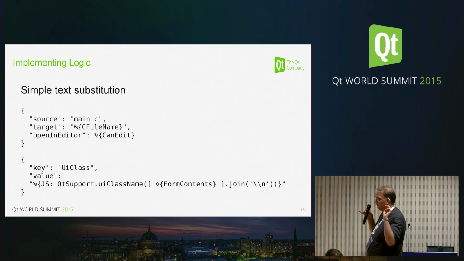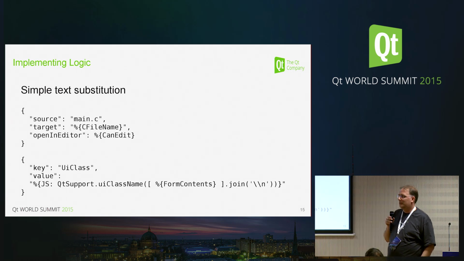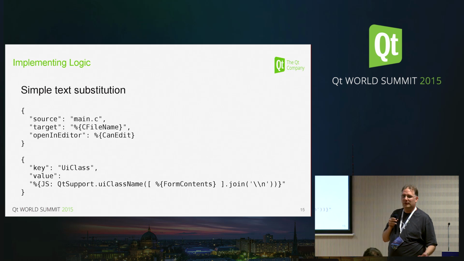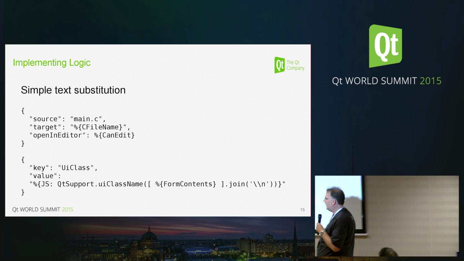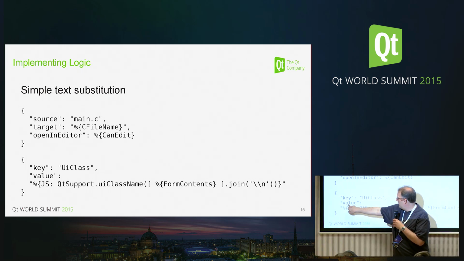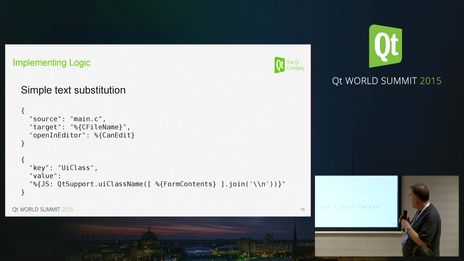The logic, in quotes, that we can do in there is basically just string replacements. In QtCreator, we have a macro mechanism, which can be used in quite a lot of places, for example, as command line arguments for the build system or working directories for the applications and all that stuff. And that always has this percent, opening curly bracket, closing curly bracket syntax.